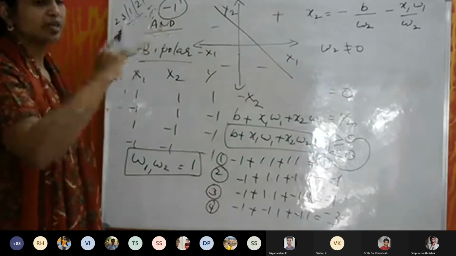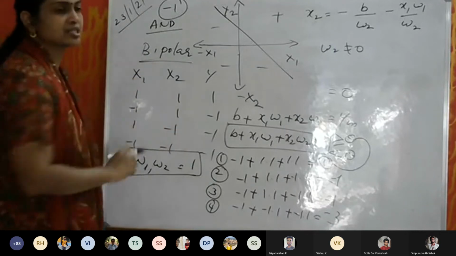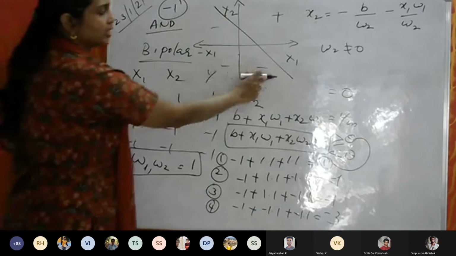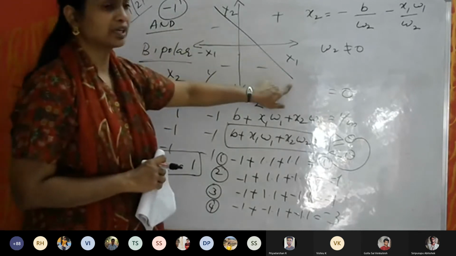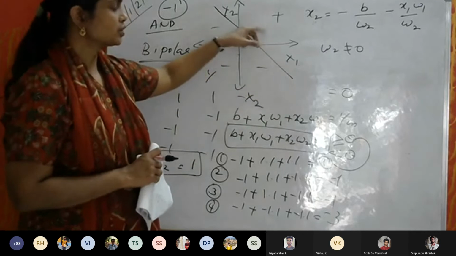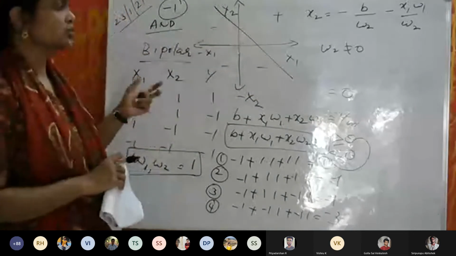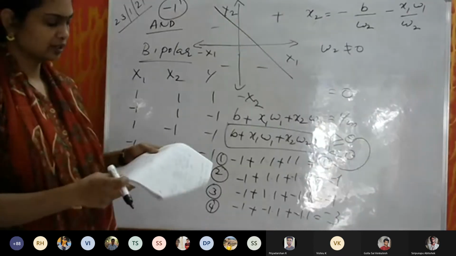Any value that is 1 or above gives a positive response, and the rest of the values go to the negative side. So this is our linear separable line. This is how the AND gate can be designed using a simple linear separator line, a simple neuron.